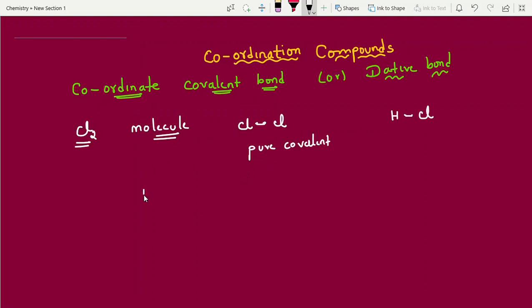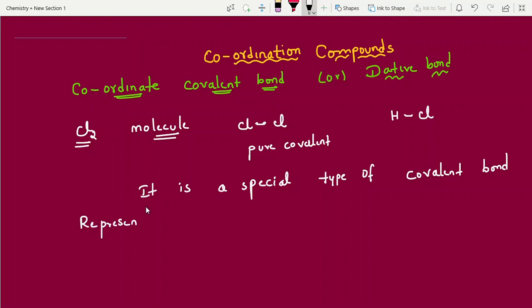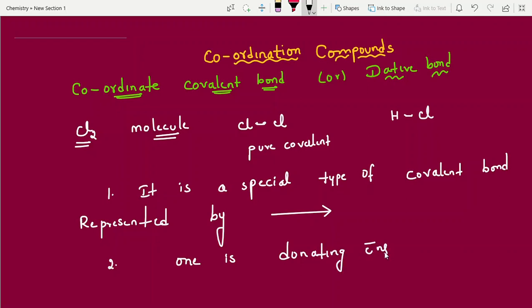The coordinate covalent bond is a special type of covalent bond, represented by an arrow. The next important point is that one atom is donating electrons and the other is accepting electrons.